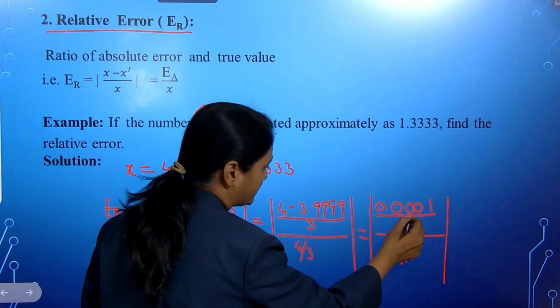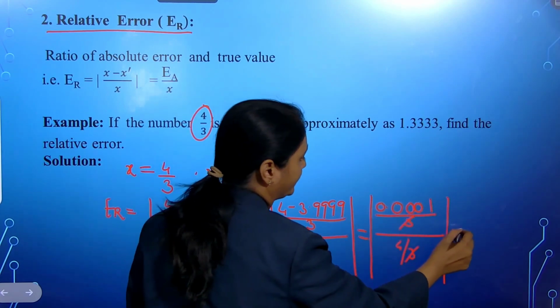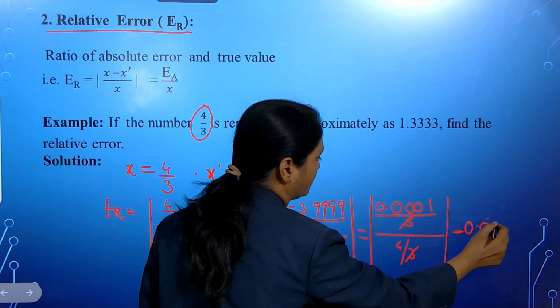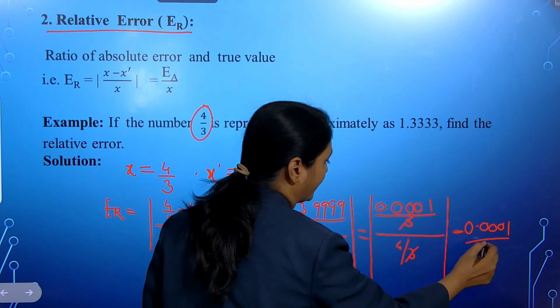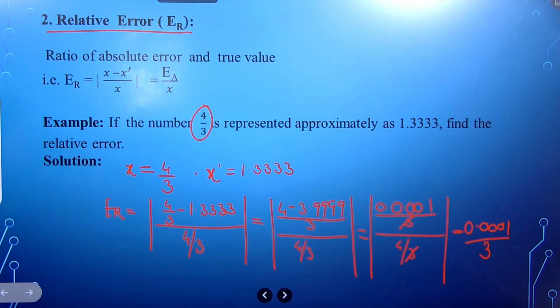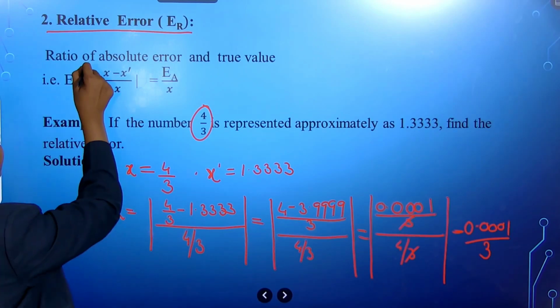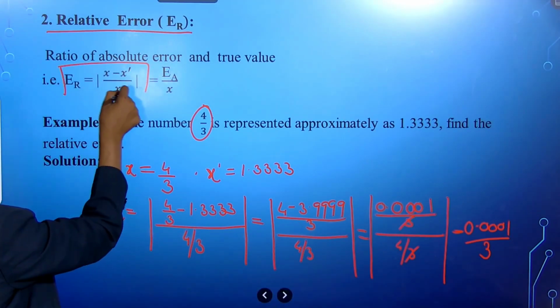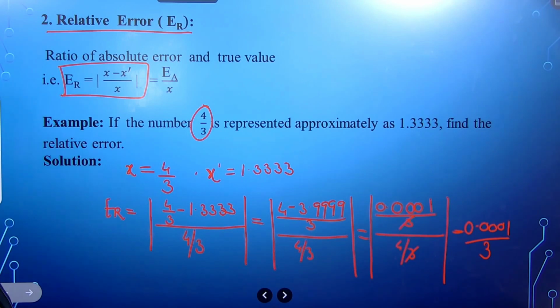So this 3 and this 3 get cancelled. So we get 0.0001 divided by 4. So this is the relative error. So remember the formula of relative error. It is the ratio of absolute error and true value.